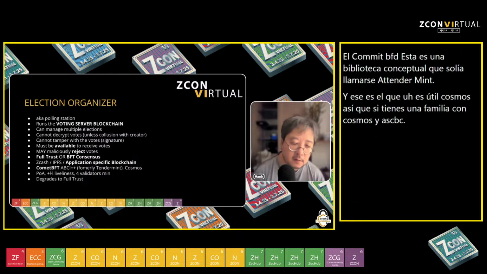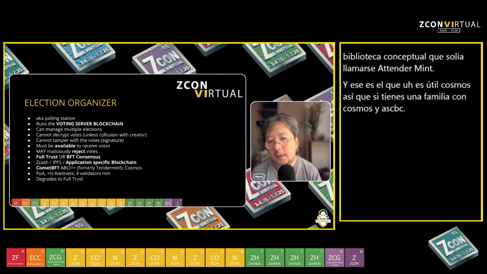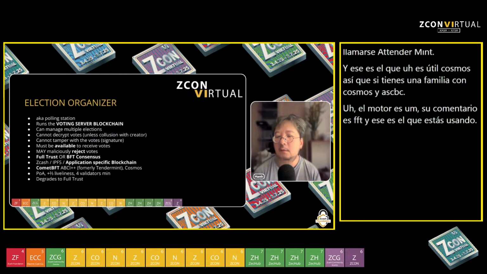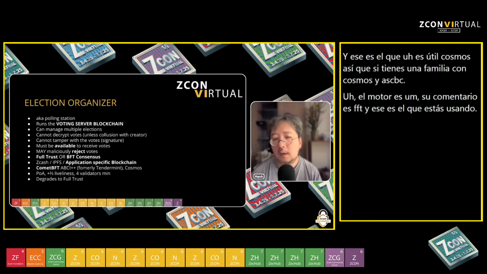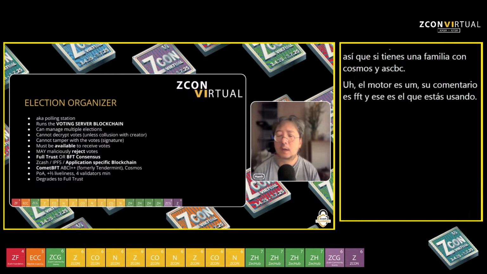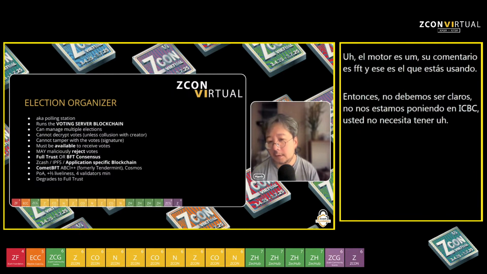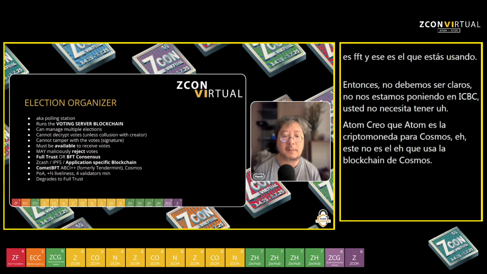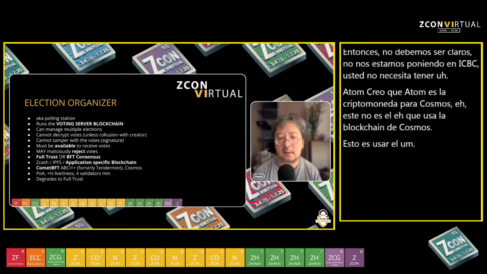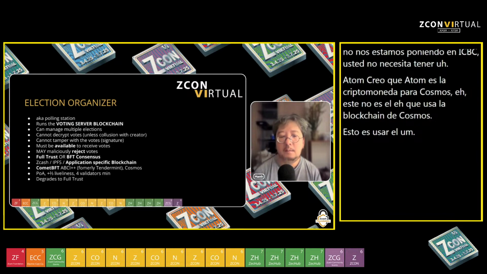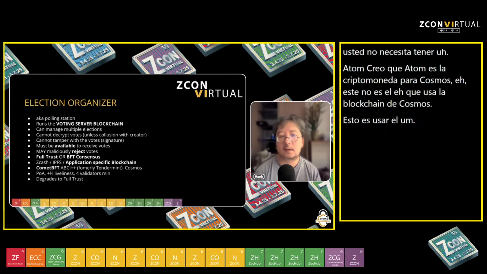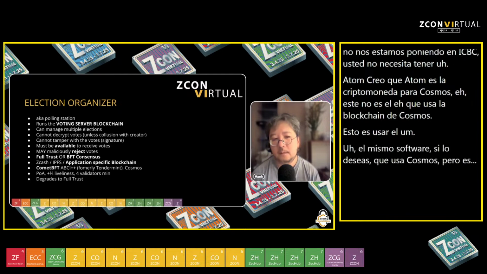To be clear, we're not putting our stuff on IBC. You do not need to have ATOM, I think ATOM is the crypto for Cosmos. This is not using the Cosmos blockchain. This is using the same software that Cosmos uses, but it's creating its own application blockchain.